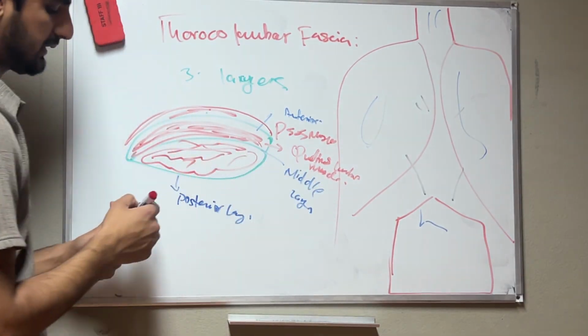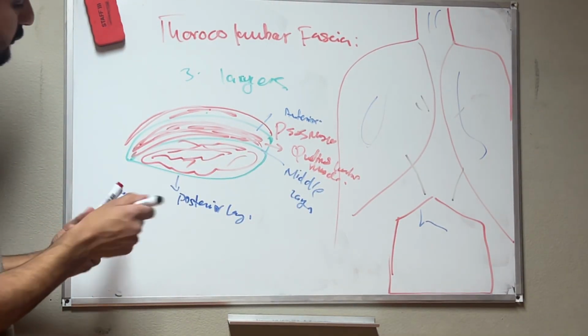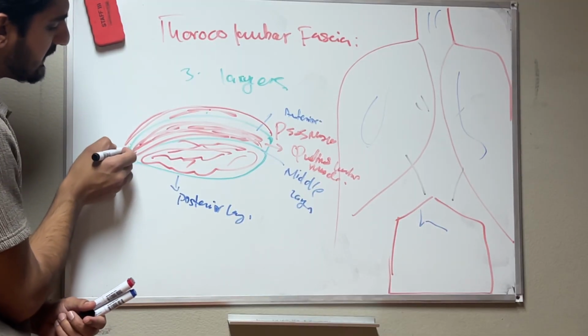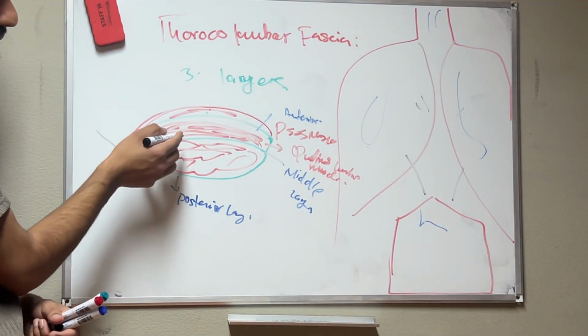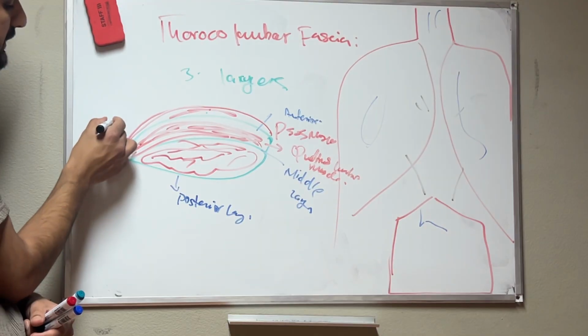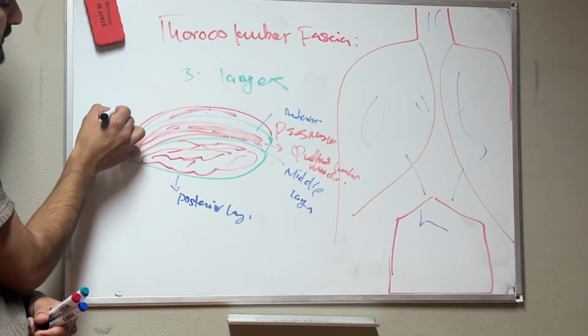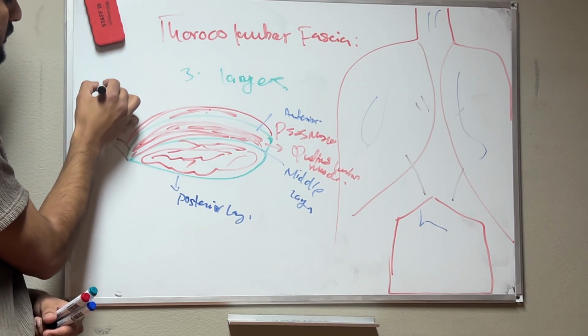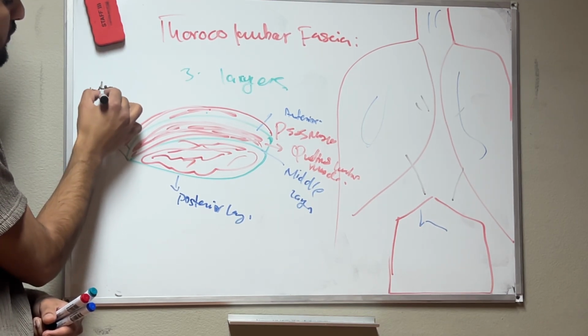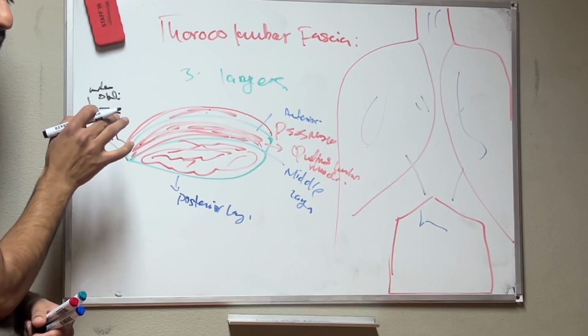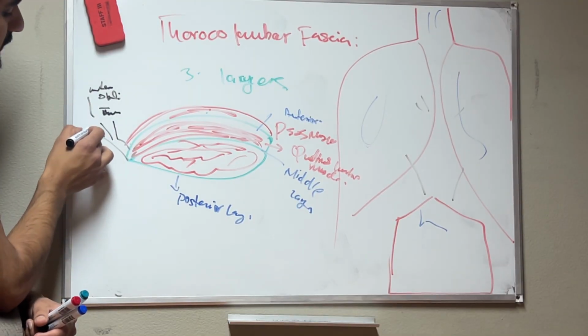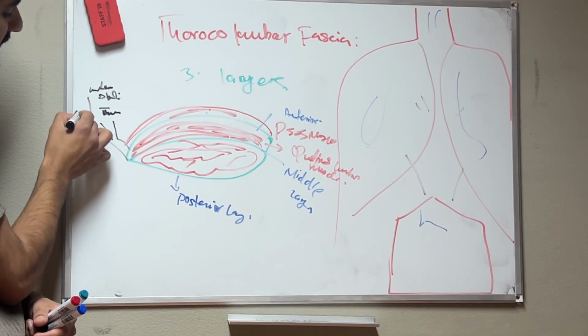Between the middle and anterior layer, we have another layer which continues to the transverse abdominis muscle and internal oblique muscle, which are the lateral group of muscles of the abdomen, and here we have the external oblique.